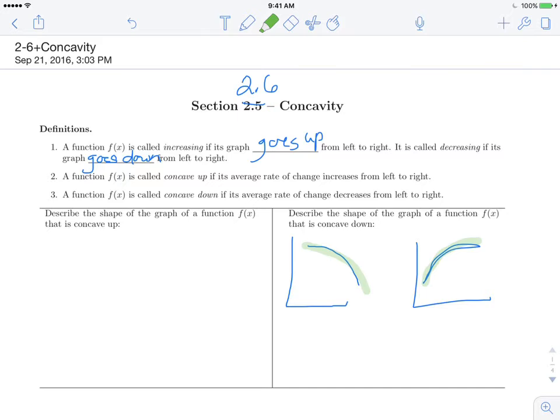And so then, likewise, if you take a look at a graph of concave up functions, this graph would be concave up. And so with this one, okay, both of those are concave up. But again, this one is increasing, whereas this one is decreasing.